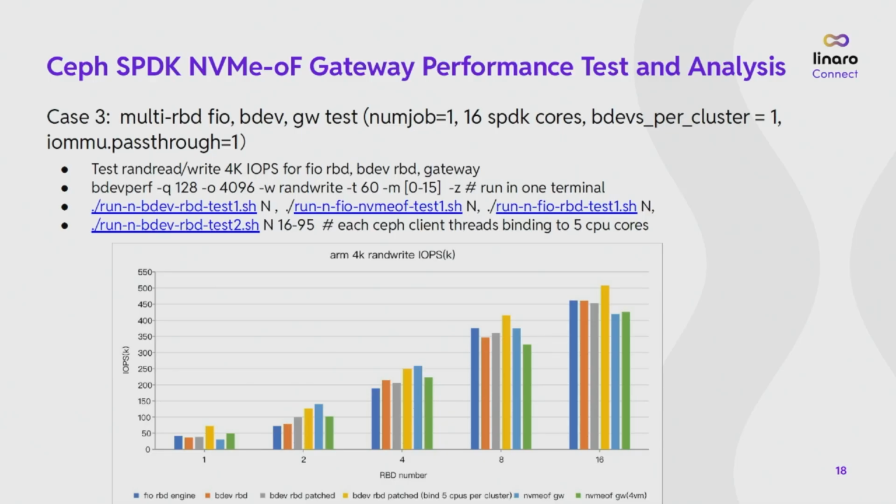And case 3 is for the multiple RBD test. Also for the purpose of comparison, we test direct access to the cluster, which is the FIO RBD engine test, and the SPDK bdevperf test, which runs the test just on the gateway node, and also the gateway test.